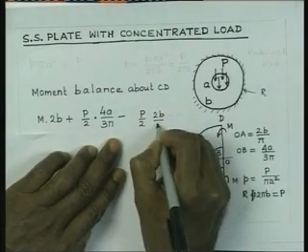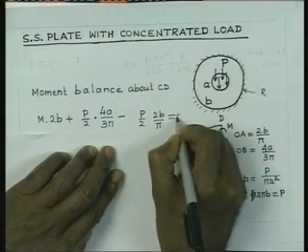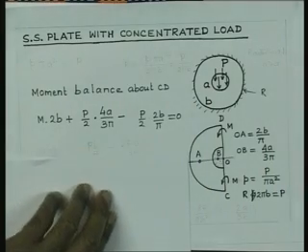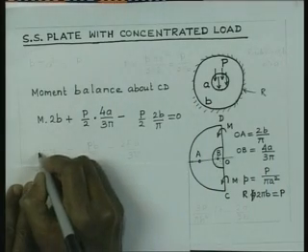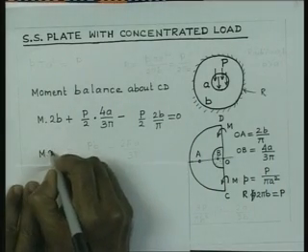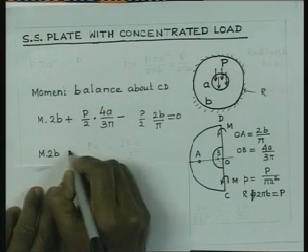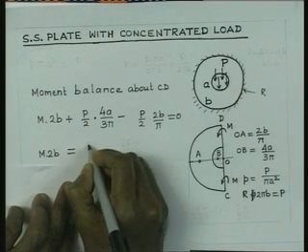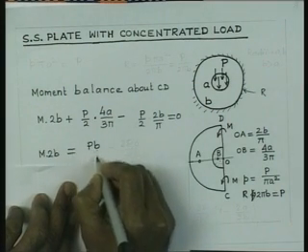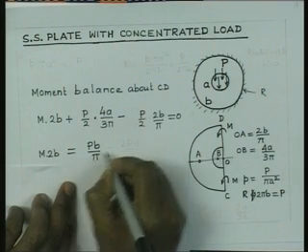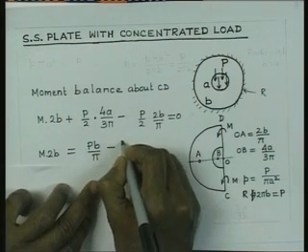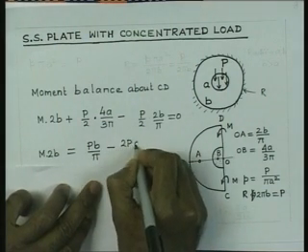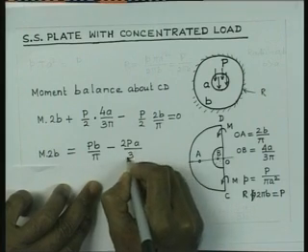So, that gives us the moment balance, and therefore, M 2b is equal to Pb by pi minus 2Pa by 3 pi.